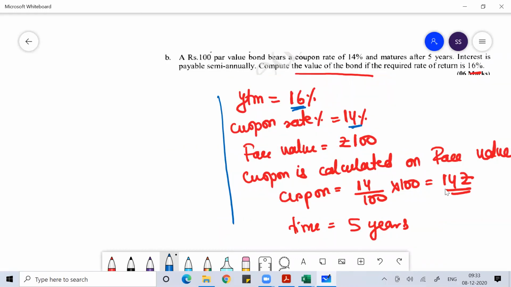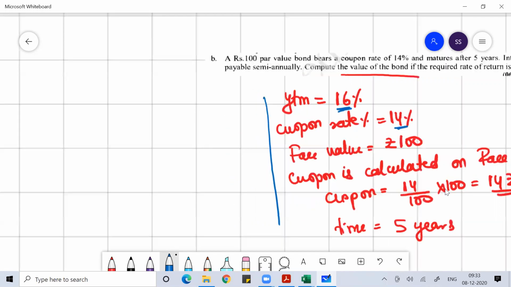I told you before also: if your coupon rate is equal to YTM, then your price will be equal to the face value. If the coupon rate is more than the YTM, then the price of the debt instrument will be more than the face value. While if the coupon rate is less than the YTM, then the price of the debt instrument would be lesser than the face value.